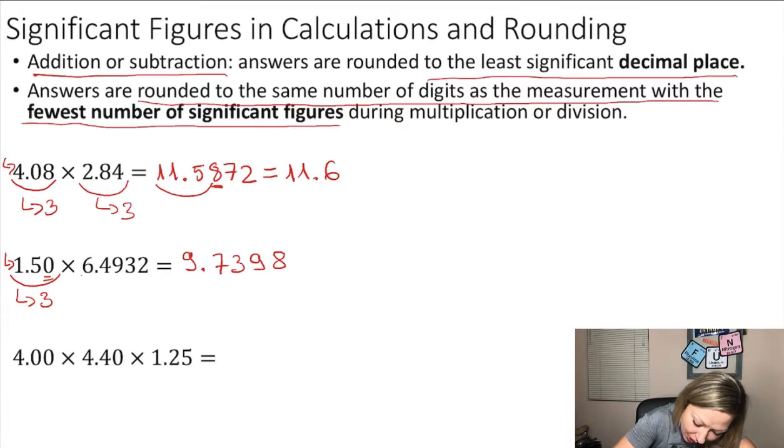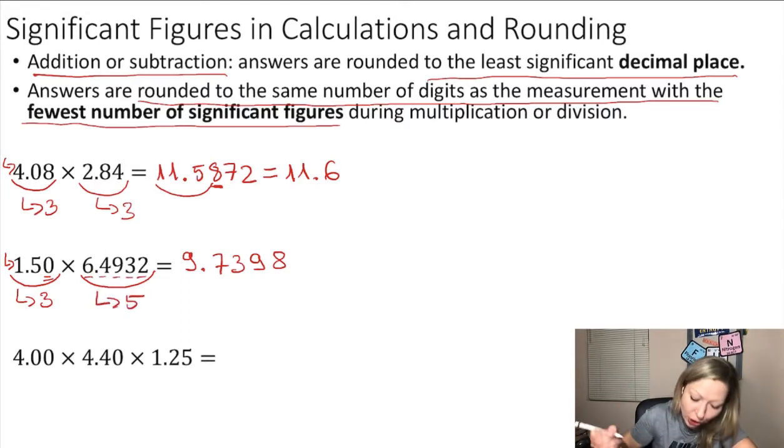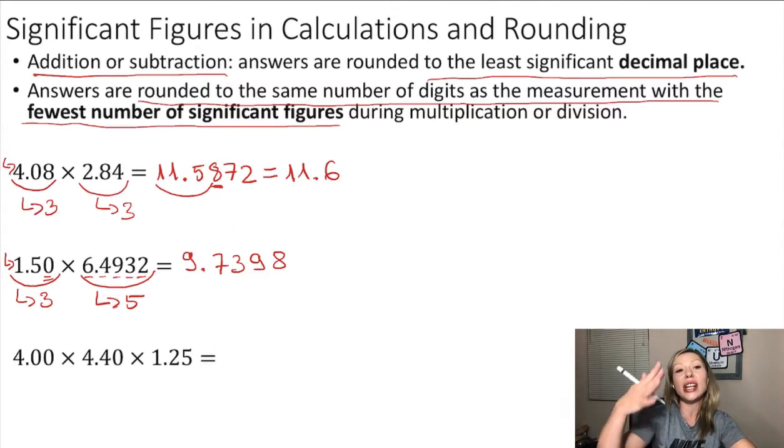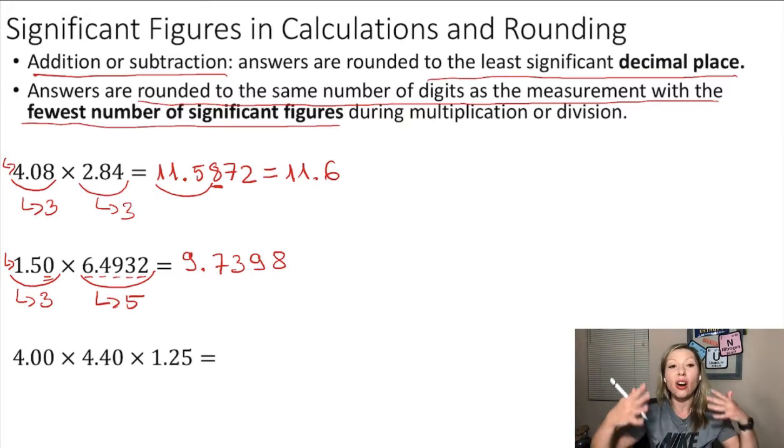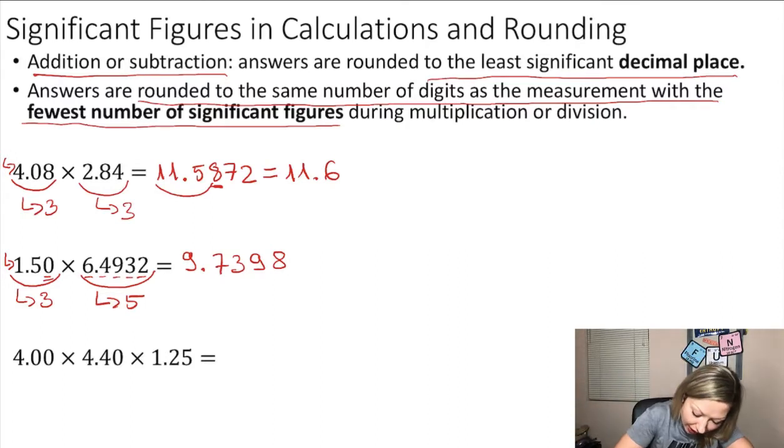What about this value here? How many sig figs do we have? 1, 2, 3, 4, 5. 5 sig figs. So we know that in multiplication and division, we have to round our answer to the same number of digits as the measurement with the fewest number of significant figures. So which number has fewer significant figures, 1.50 or 6.4932? 1.50, right?